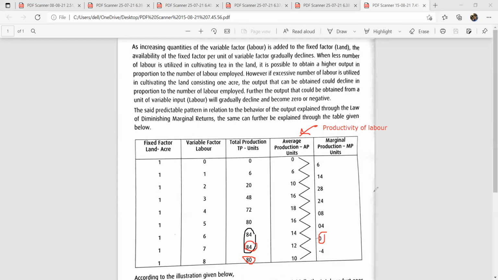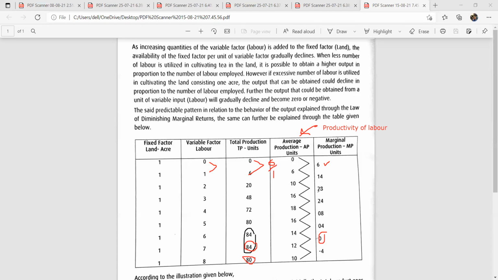How is marginal production calculated? Change in total production divided by change in workers. Simply, the number of production increased due to one worker is 6. Likewise, the calculation is here.